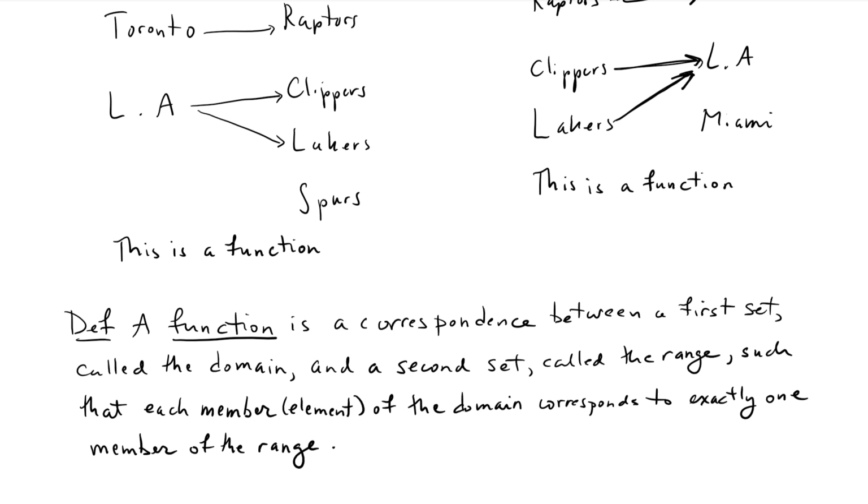So it's a function in both directions here. There's a single plate assigned to a car. There's also a single car assigned to a plate. So these types of functions are even more special. They're called one-to-one functions, and they're actually called bijective correspondences.